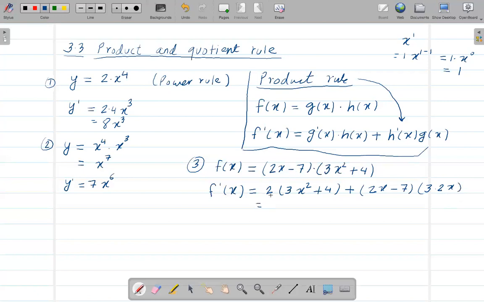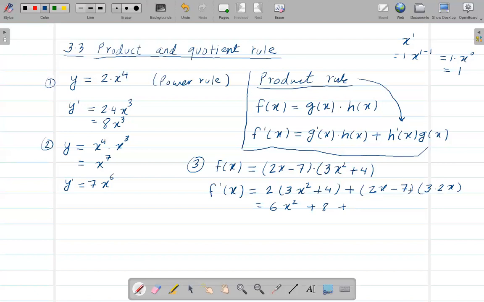So here now I can distribute this 2 to these two terms. So 6x squared plus 8, right? This is also 6x, right?